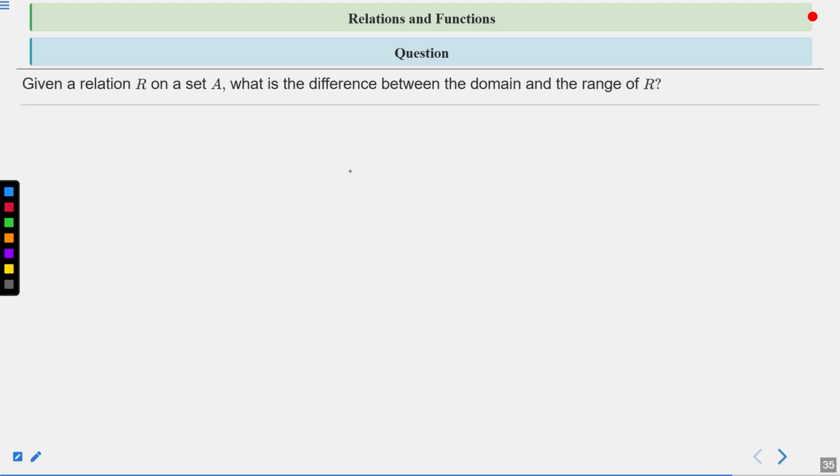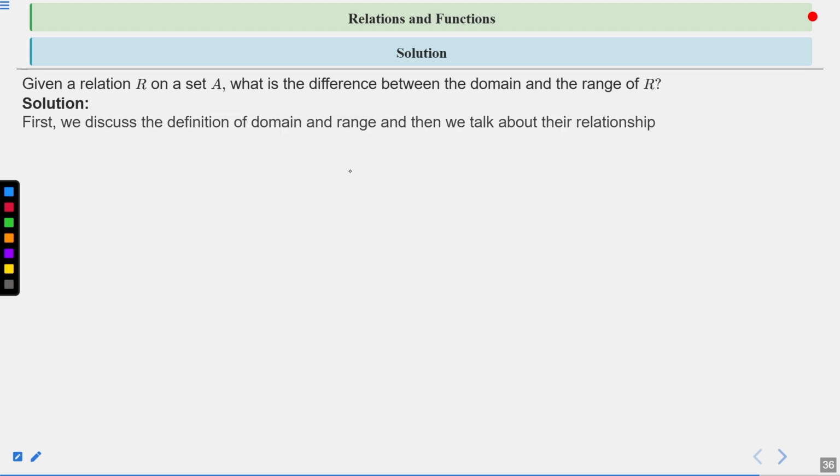Now the next question. This question is related to the terms domain and range. For a relation R on set A, you have to find the difference between domain and range. Solution, very straightforward. As we discussed, domain and range are very simple.